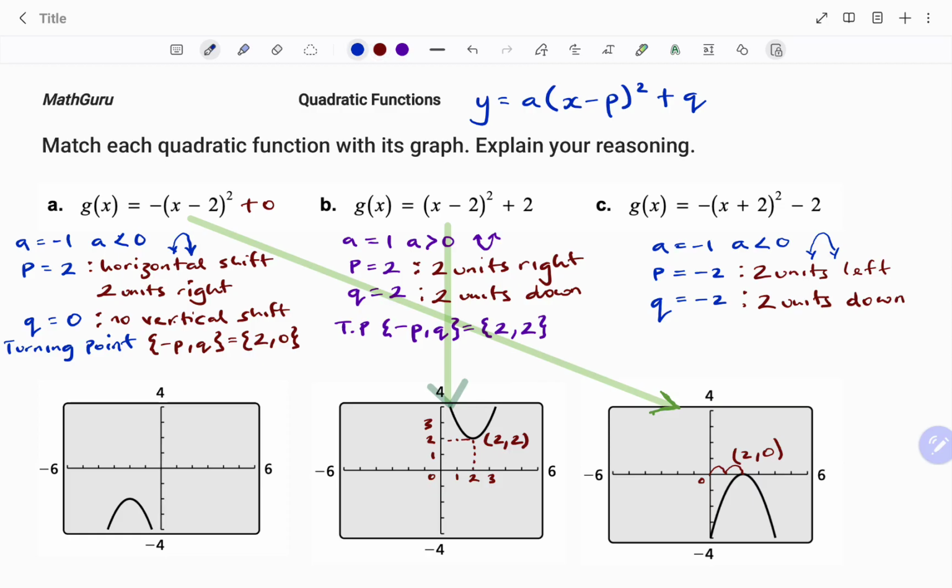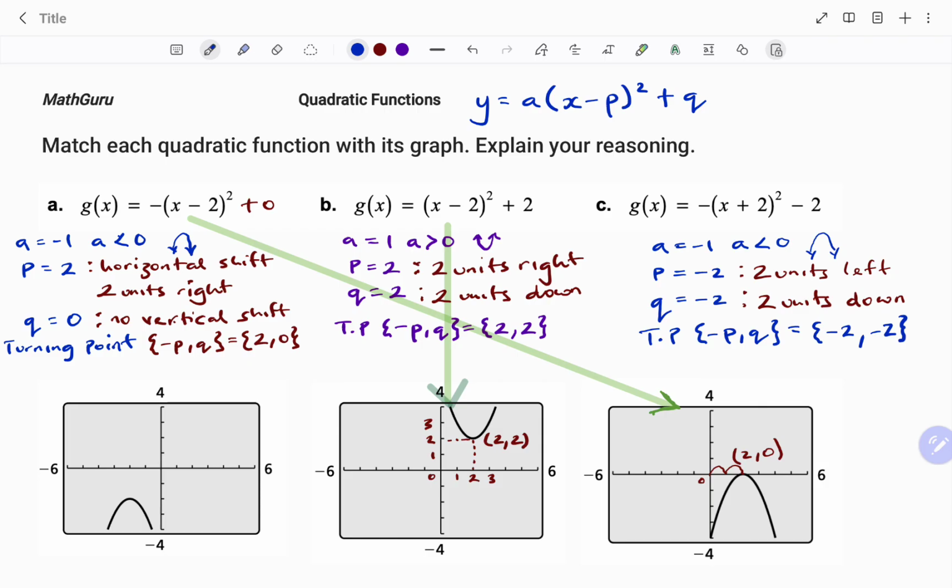Then I can write my turning point. I'm going to abbreviate that. My TP, which is p, q, will be -2, -2, as shown. If I go back to the diagram, I need to find the turning point of the last graph.